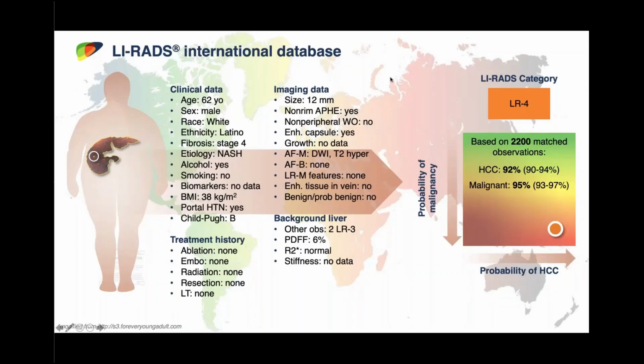And if we were to develop these international databases, all of us could benefit from this international collaboration, because no matter where this patient is, you'd be able to access this international database, and the computer would be able to tell you that based on how many observations are similar to the one you're seeing, what the probability is of HCC and malignancy.